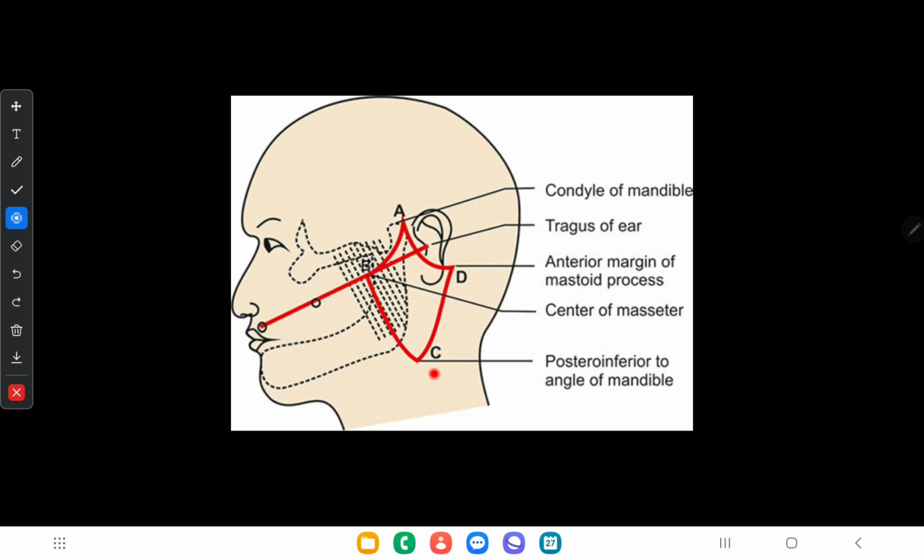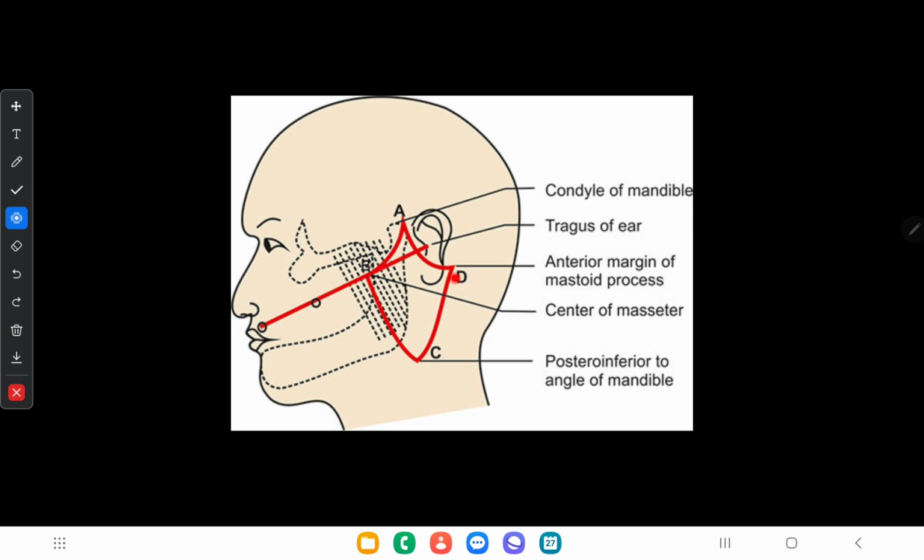Then the posterior border is drawn by joining the third point to the fourth point here. Posterior border is this one. So the fourth point is marked at the upper end of the anterior margin of the mastoid process. Here, this is the anterior margin of the mastoid process.